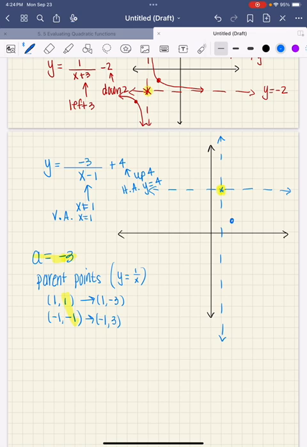That's here, and I'm going to draw my graph. And the point negative 1, positive 3. And there's your graph. The domain, all real numbers, x not equal to 1. And the range, all real numbers, y not equal to 4.